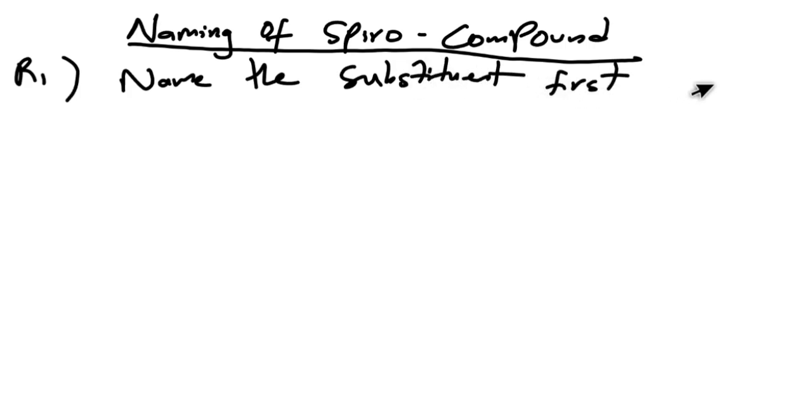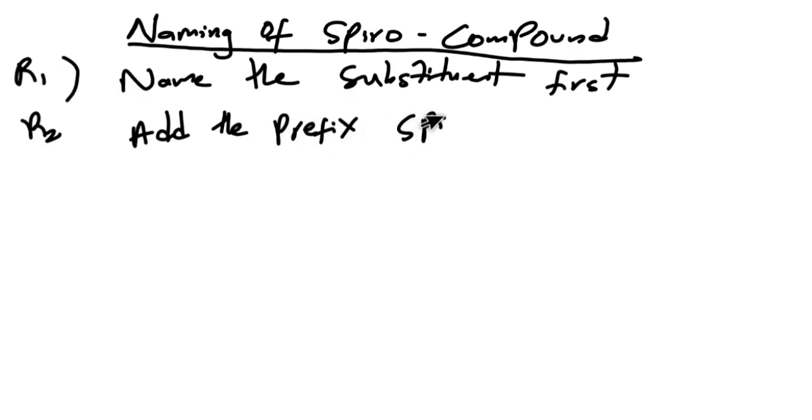So when you name the substituent first, the next thing, rule number two, add the prefix Spiro at the beginning of your naming. At the beginning, so you add the prefix Spiro at the beginning of your naming.